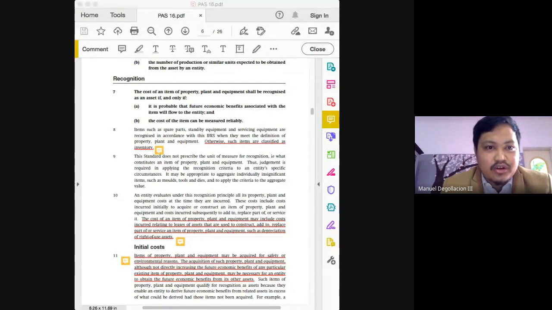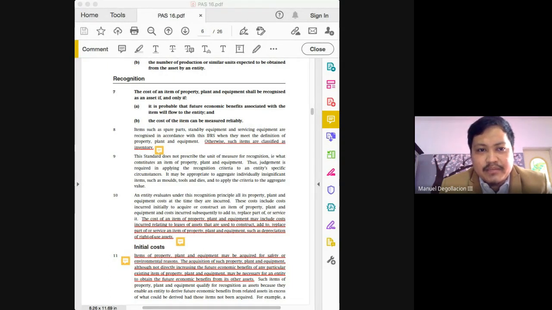And the cost of the asset, which includes these capitalizable costs, will be spread out throughout the useful life of the asset. So capitalizable costs form part of the cost of an asset. And this cost, as I mentioned, will eventually end up as expenses, but it normally happens in subsequent periods.